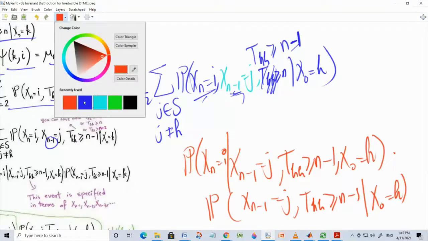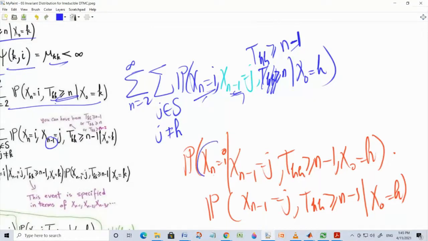Now let's look at this first probability. Xn, the time instant is n. We are conditioning on Xn minus 1, and this is equal to j. So we are fixing the state at time n minus 1. At time instant n minus 1, the chain is in state j. What about those events here?